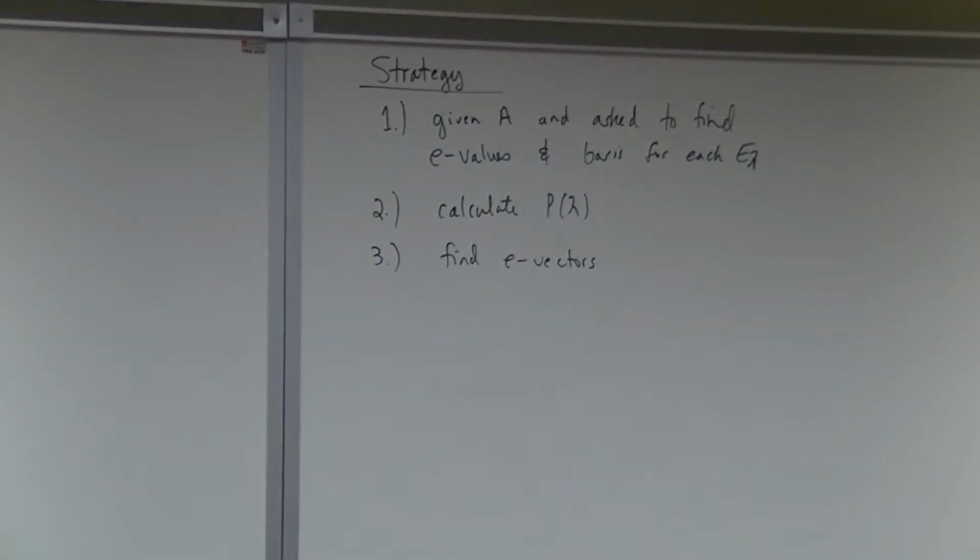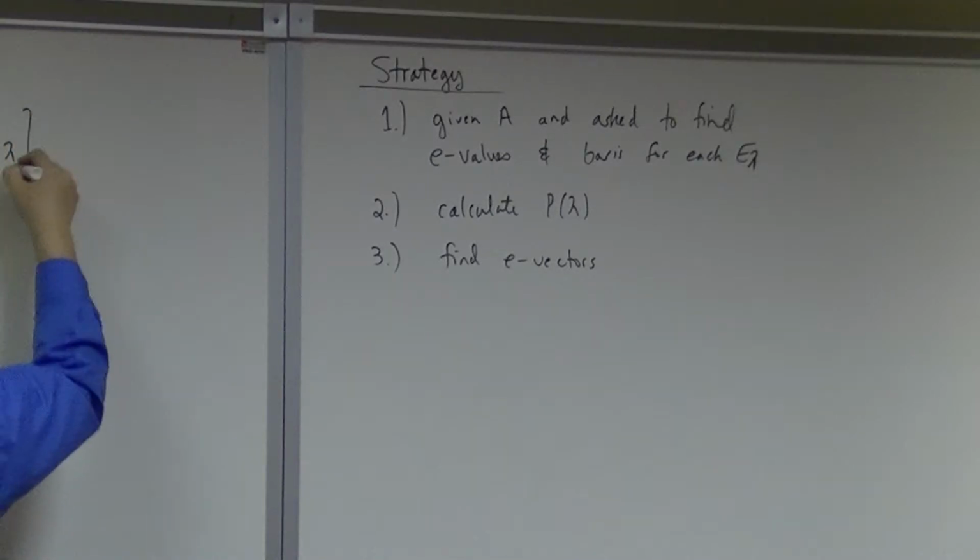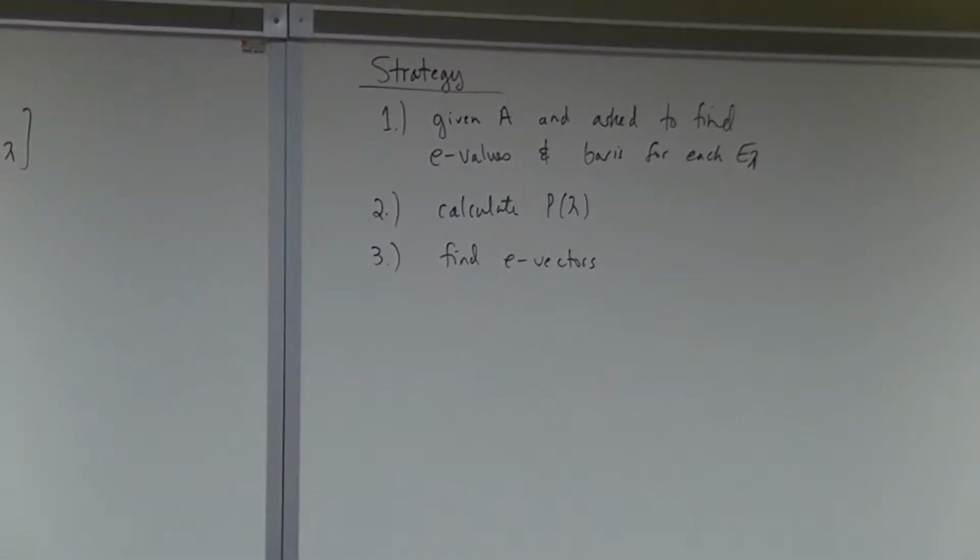So here I'm given the A, I know what I want to do. So first thing I do is calculate p of lambda. So p of lambda here is the determinant of A minus lambda I, right? Which would be 1 minus lambda, 1, 1, 1 minus lambda. Because lambda I is what?